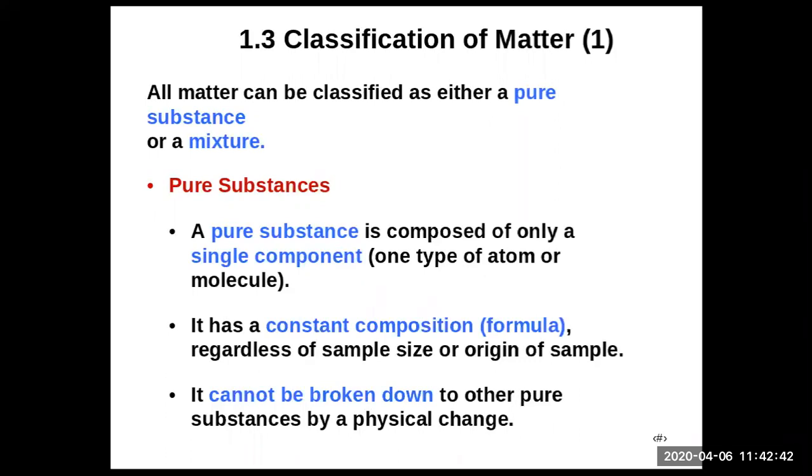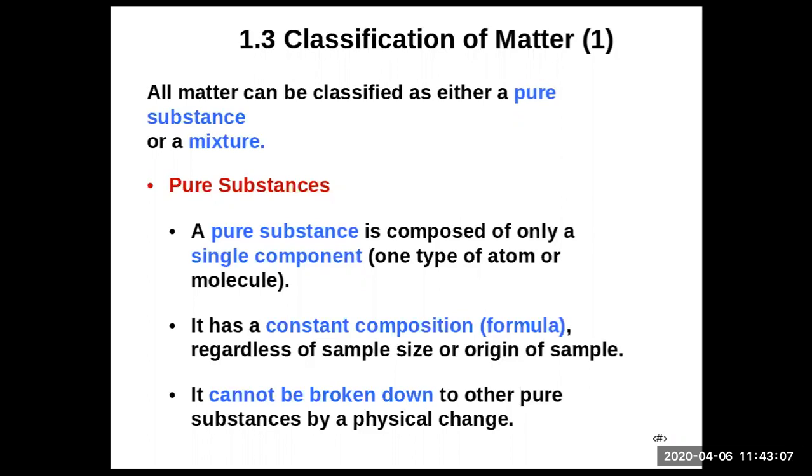For example, when you're talking about oxygen, which is a pure substance, its formula will be O2, two atoms of oxygen bonded together. If you're talking about a molecule like water, its formula will be H2O, and H2O is water. So it's representing that pure substance and no other.